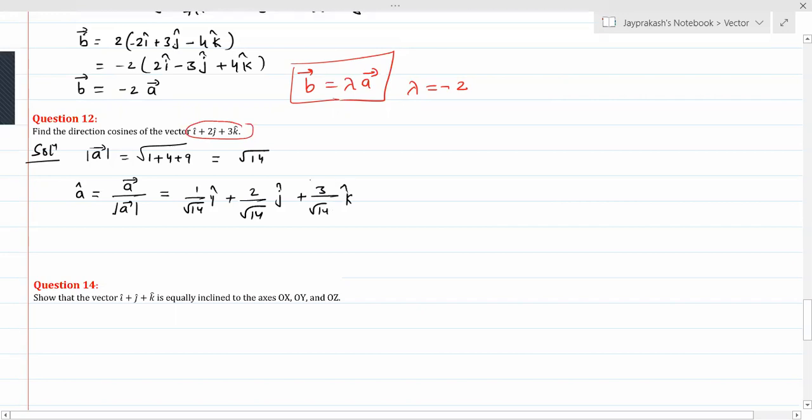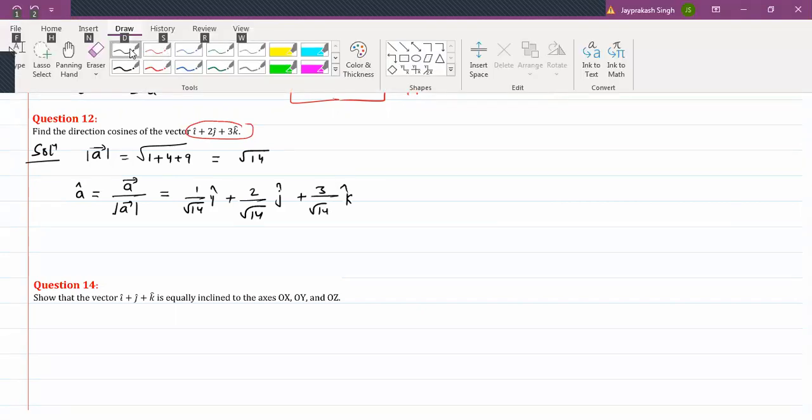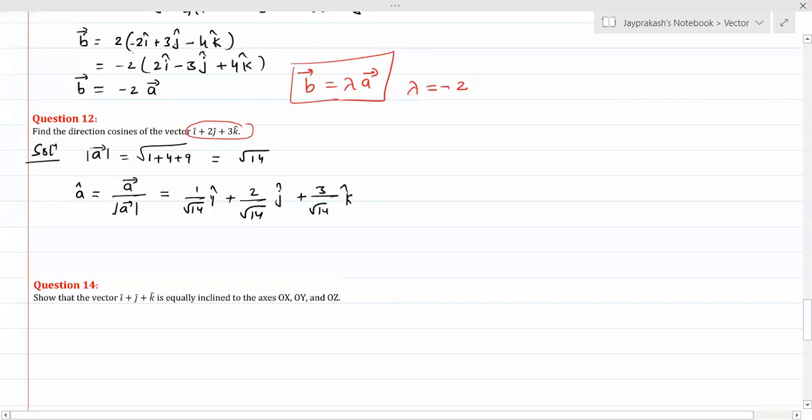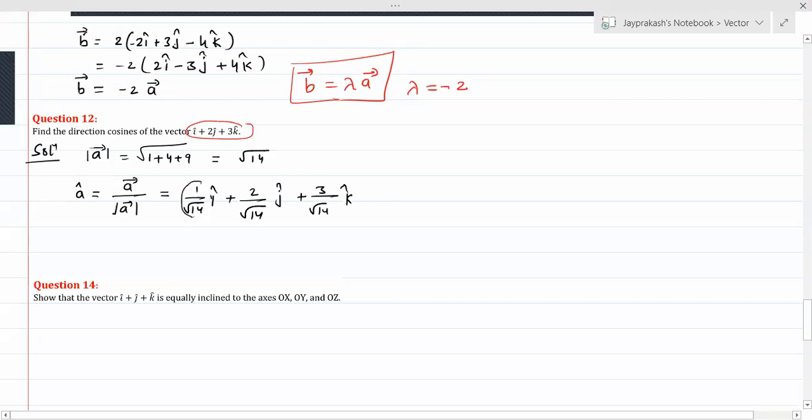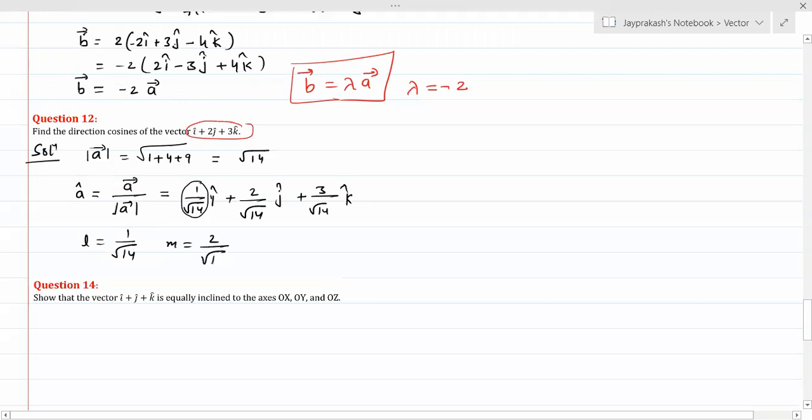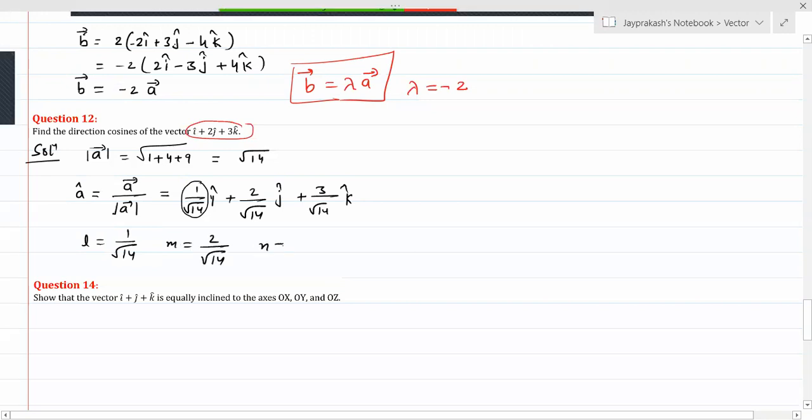Now whatever you have written as components of i, j, k in the unit vector, this is your direction cosine, that is l, 1 by root 14, m, 2 by root 14, and n, that is 3 by root 14.